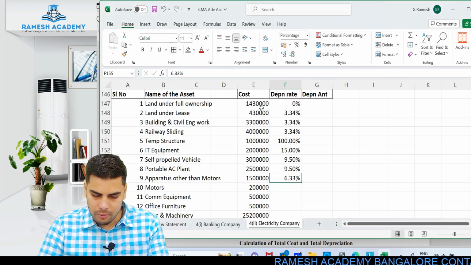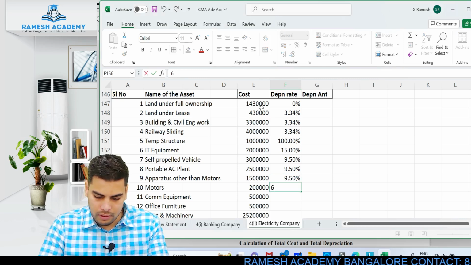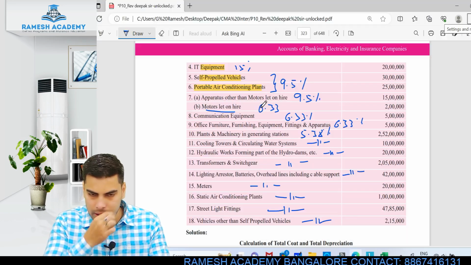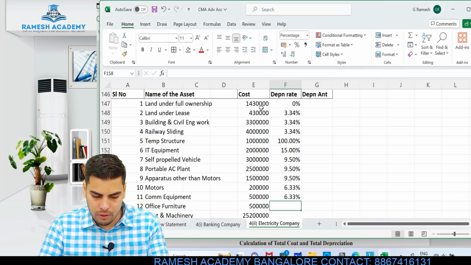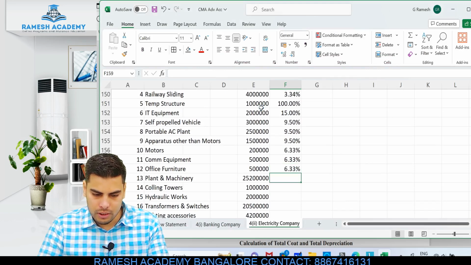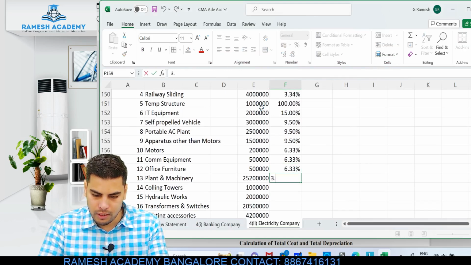Motors would be 6.33, communication equipment 6.33, office furniture equipment 6.33.